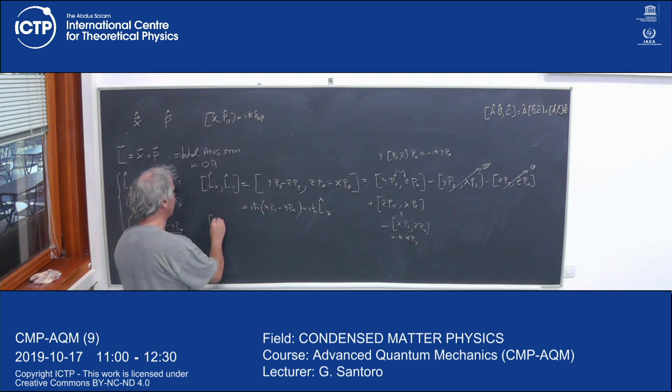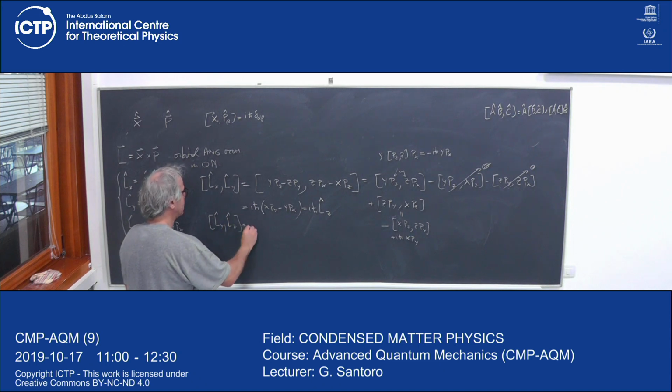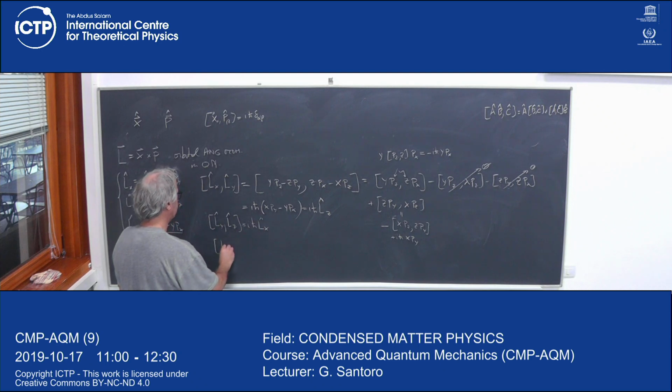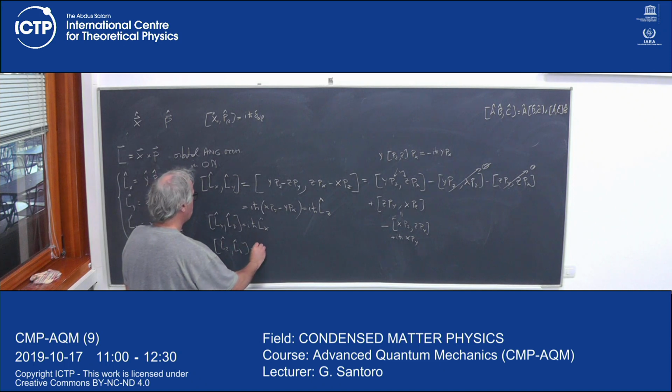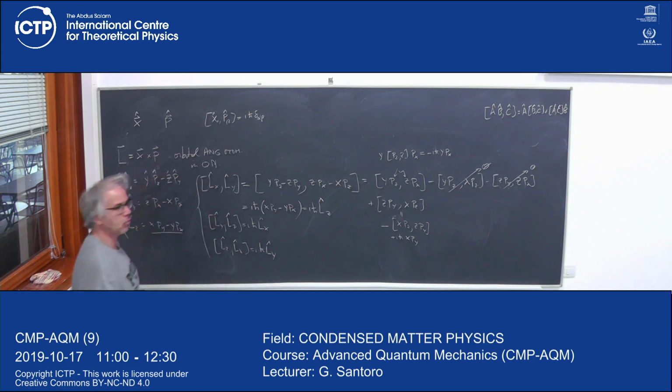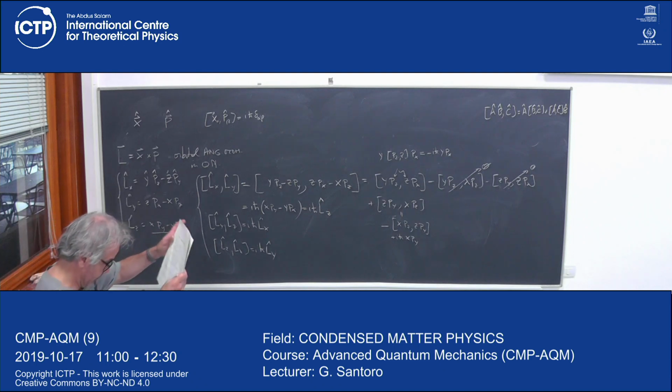For instance, you can prove that Ly commutator with Lz is equal to i h bar Lx, and Lz commutator with Lx is equal to i h bar Ly. Okay? I don't want to do it, it's very boring, but after a while you understand that there is a trick of cyclicity, and therefore you almost believe it.